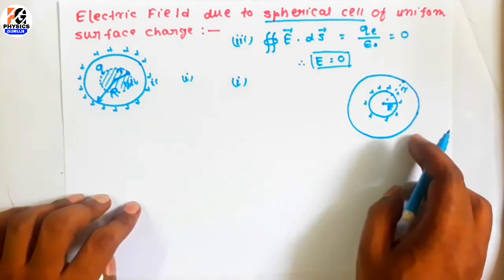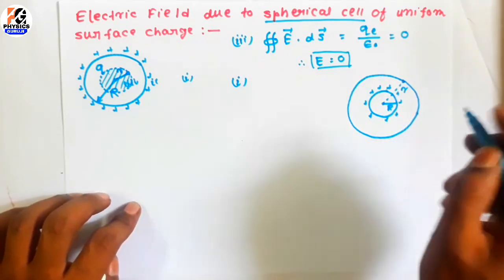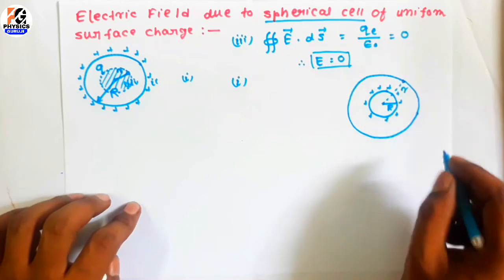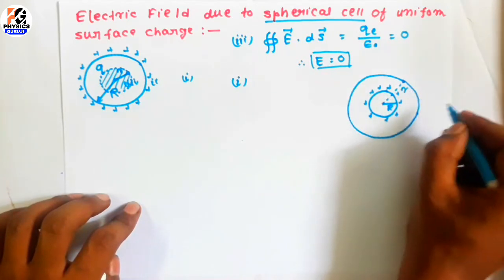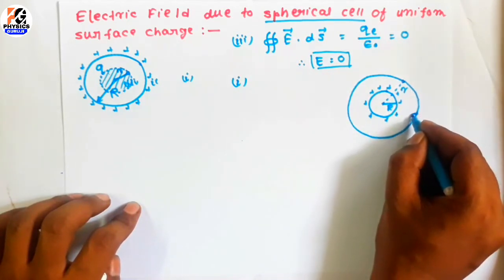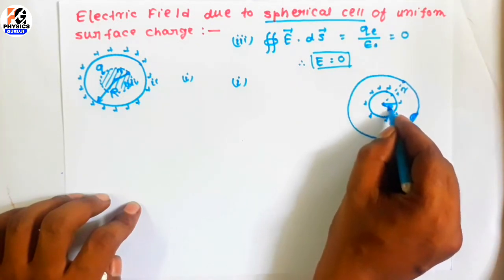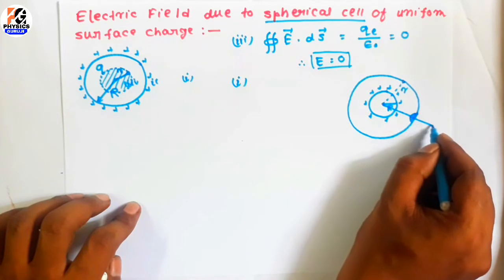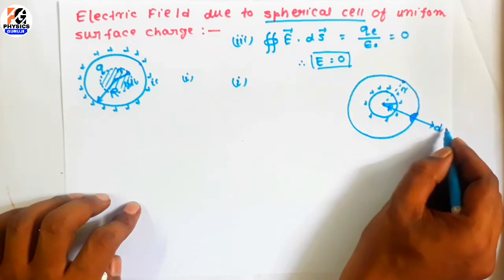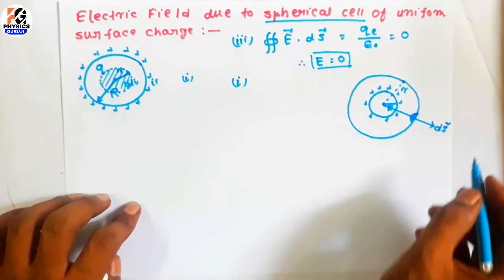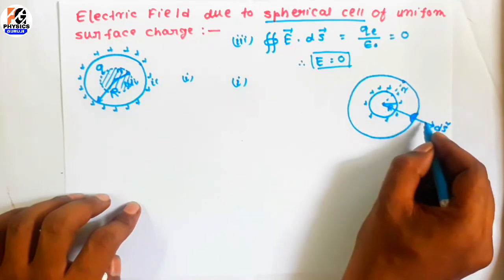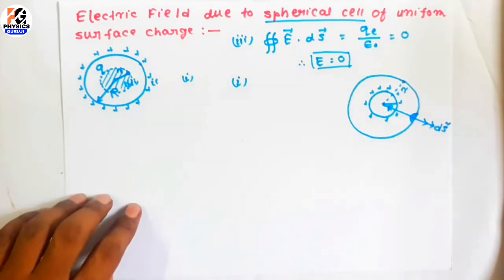So this is our Gaussian surface. Now I will take any point on the Gaussian surface. This is a small surface area dS on the Gaussian surface, and the electric field is also in this direction.